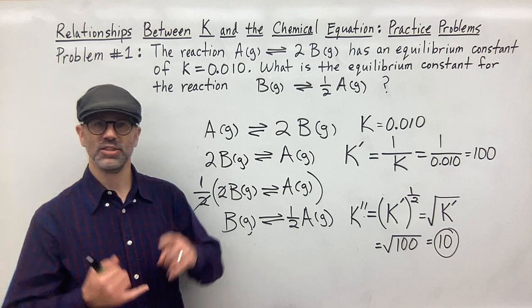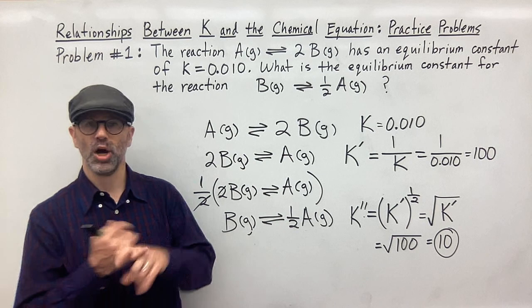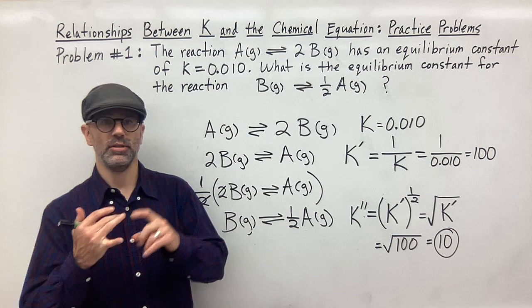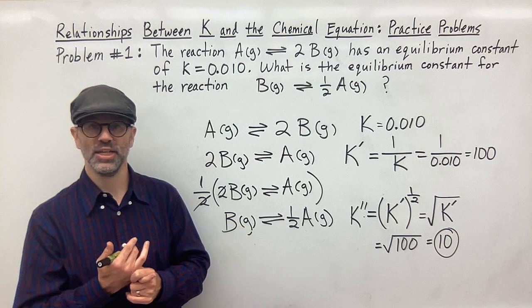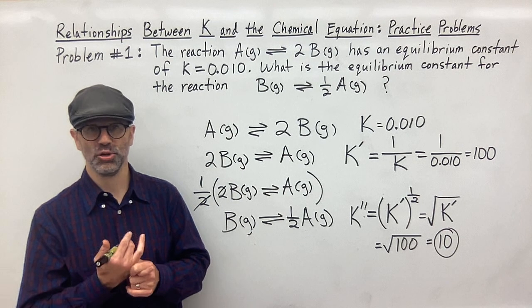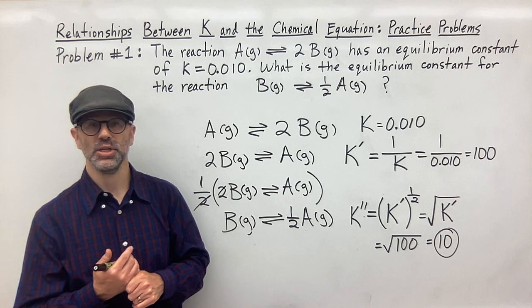So just to recap. One, if you reverse your reaction, then the new K value is the reciprocal of the original K value, so you have to do 1 over whatever the K value is.